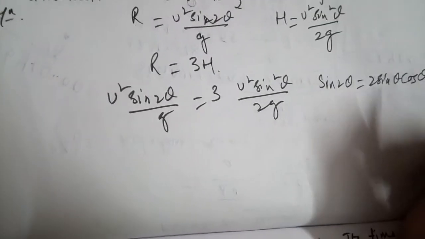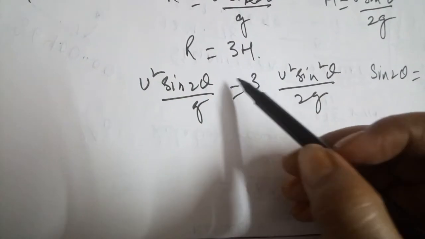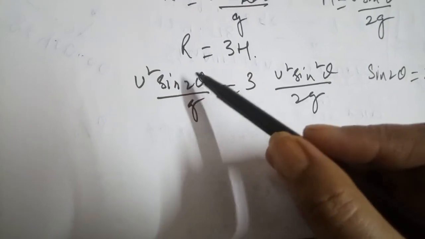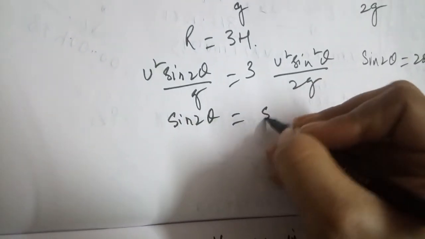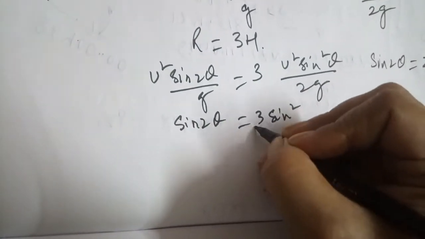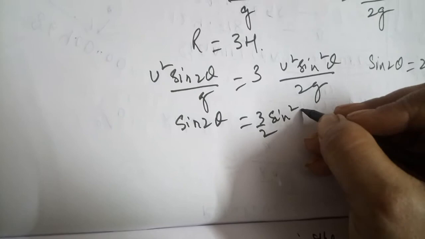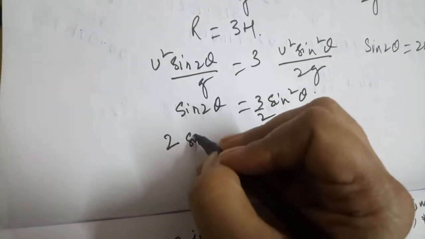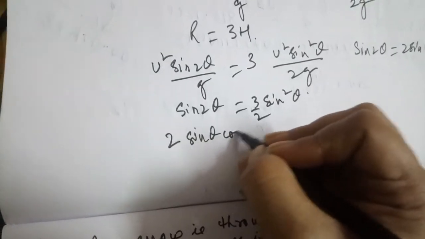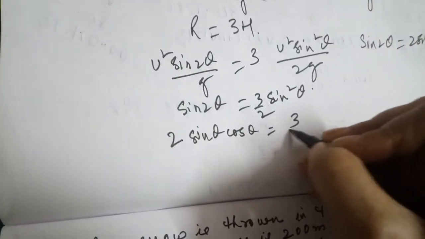If we look at this equation, u square gets cancelled and g gets cancelled, so we are left with sine 2 theta is equal to 3 by 2 sine square theta. So let us substitute 2 sine theta cos theta is equal to 3 by 2 sine square theta.